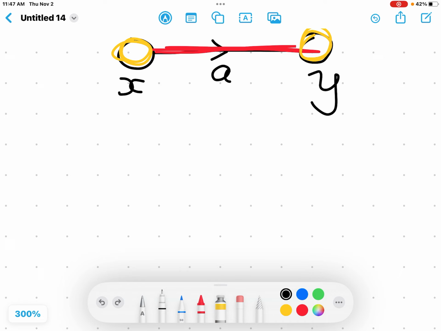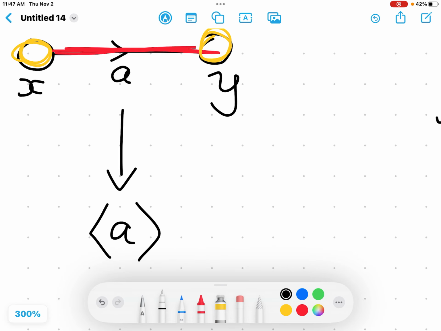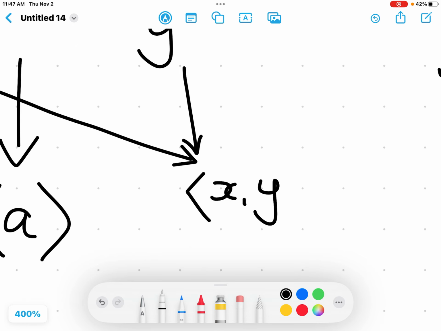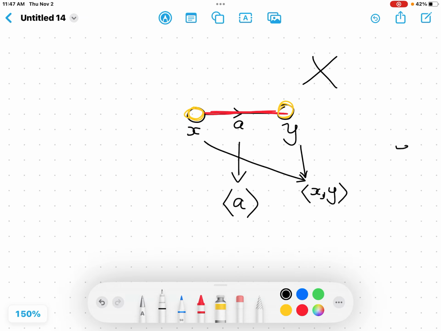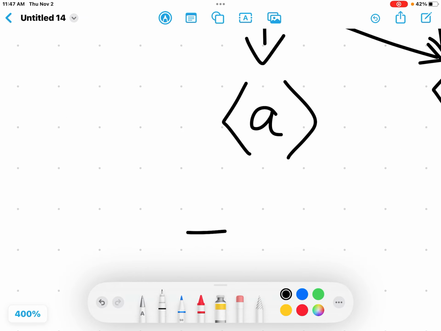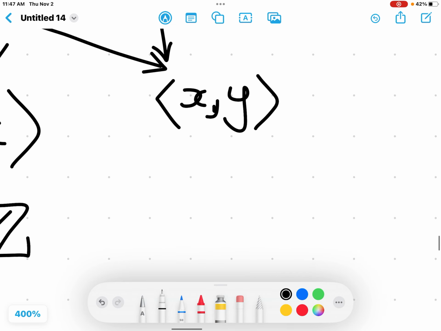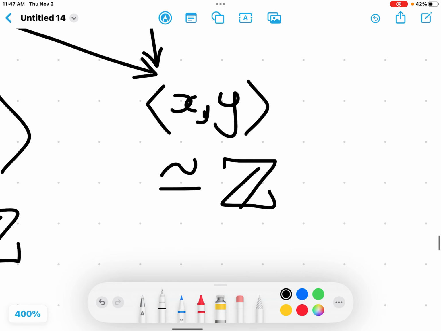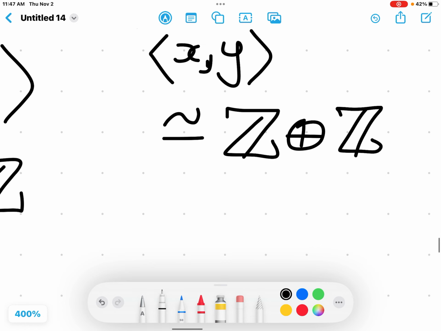And A corresponds to a single Ck, which is only generated by 1 element, so a free abelian group of 1 element. So A corresponds to a free abelian group generated by itself, and x and y generate a different abelian group spanned by 2 generators. You can see right off the bat, this is isomorphic to the integers, and this is isomorphic to the integers direct sum itself, or Z2.